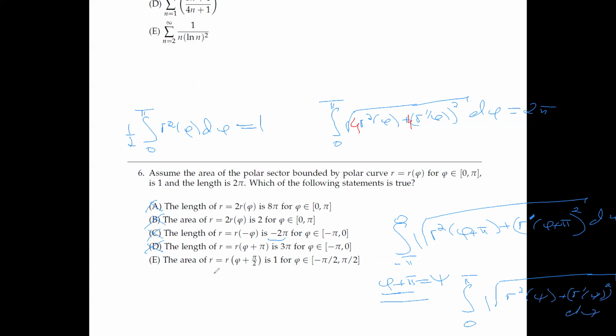From minus pi half to pi half, again it is a pi half angle rotation, and after rotating we are going to get the same area.